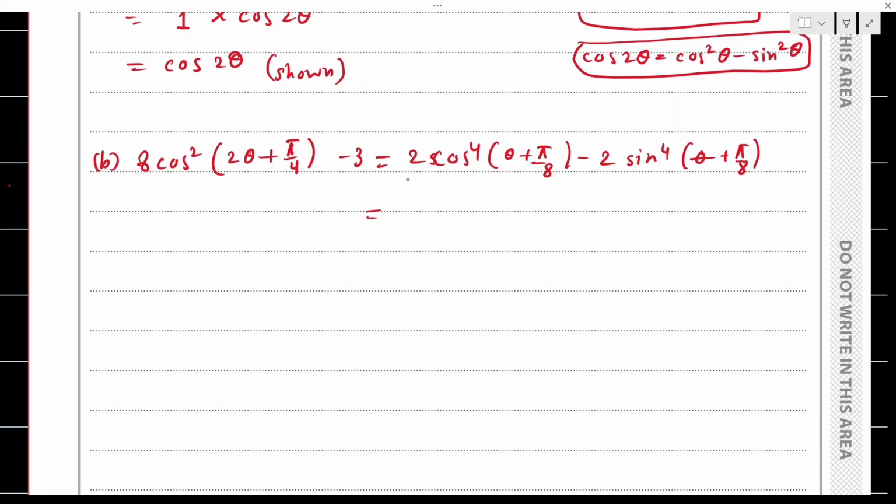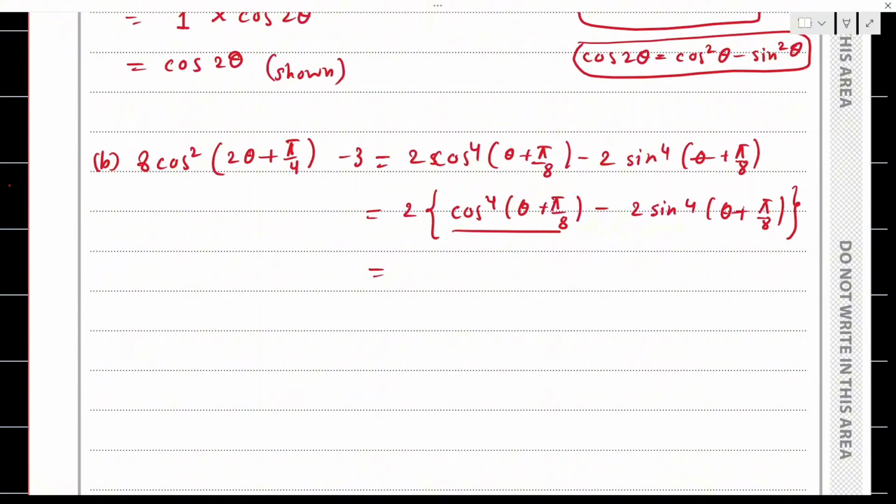On our right hand side, I can see that 2 is a common factor in both of these terms. So I can take 2 common, and this will give me cos to the power of 4 theta plus pi by 8 minus sin to the power of 4 theta plus pi by 8.